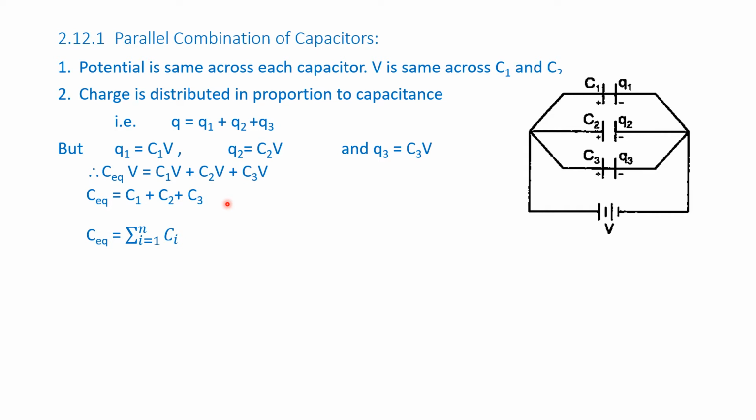That can also be written as C equivalent is equal to sigma i equals 1 to n of Ci. Hence, for a parallel combination of capacitors, the effective capacitance is the sum of the individual capacitances.